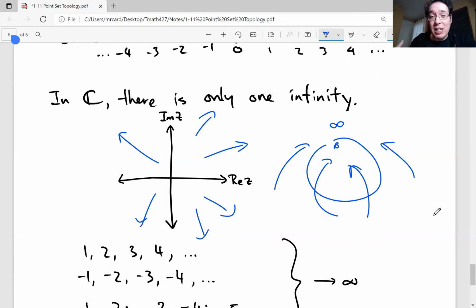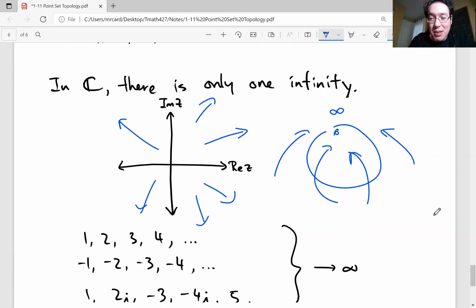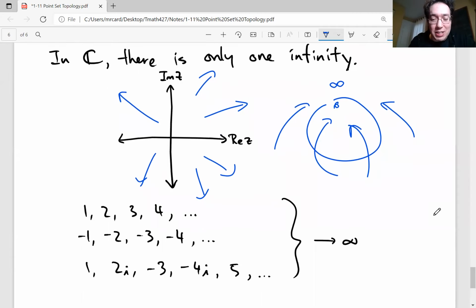In fact, later on, I know your calculus teacher has taught you to not consider infinity as a number, but in the complex setting, you can treat infinity like any other number. We'll get to that. But in this setting, it's okay.